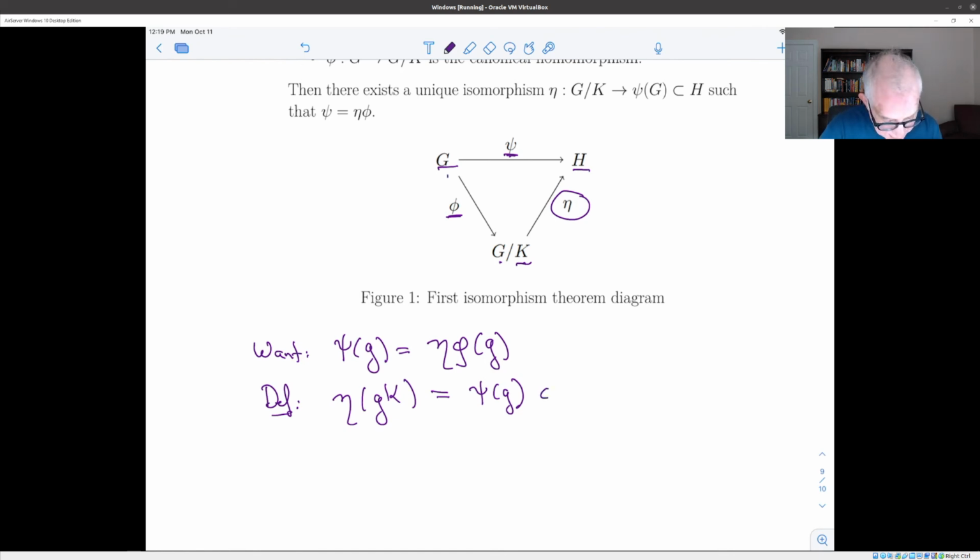And that's an element of h. The complication here is, first of all, what do we want to be true? First of all, this map had better make sense. And the problem there is that there's more than one representative of the coset gk, right? So let's check that this eta works.